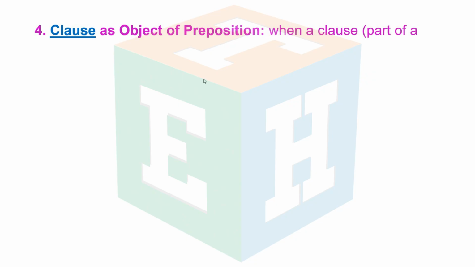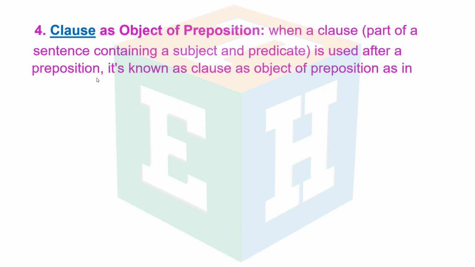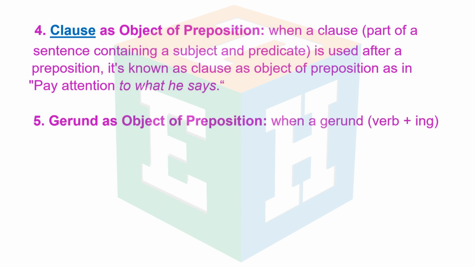Clause as object of preposition. When a clause, part of a sentence containing a subject and predicate, is used after a preposition, it's known as clause as object of preposition, as in, pay attention to what he says.